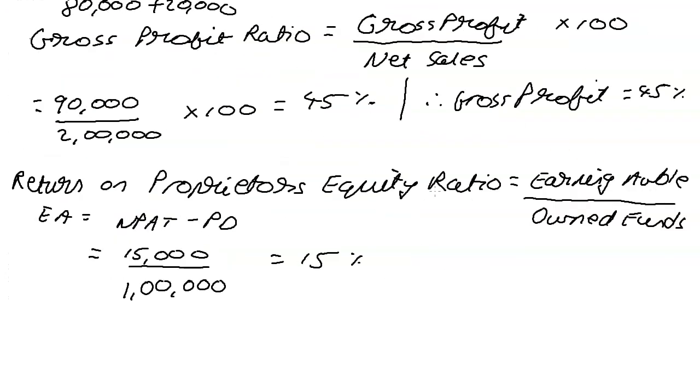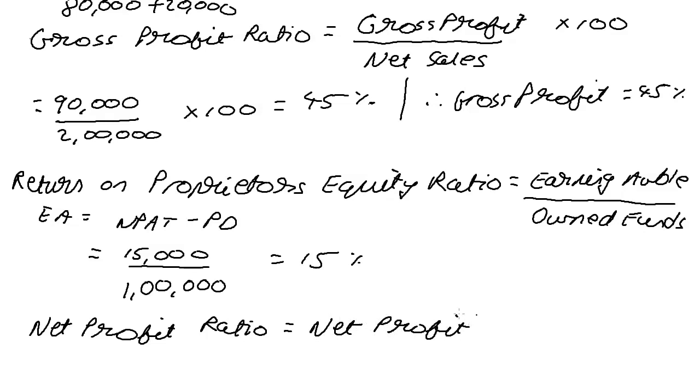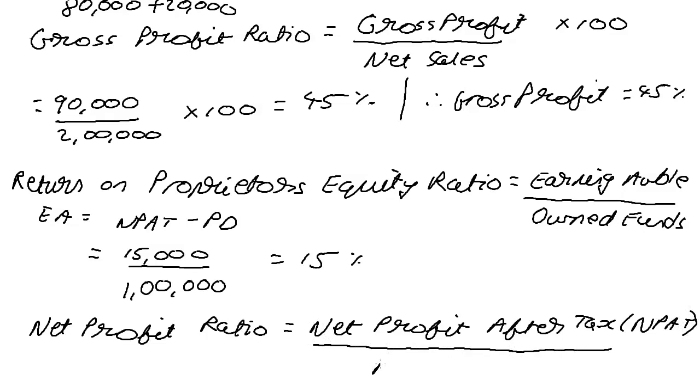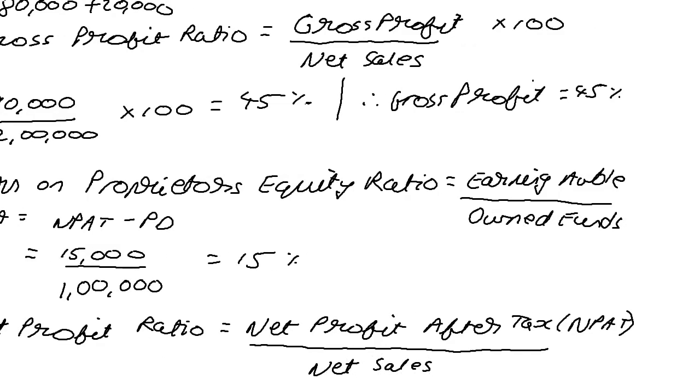So net profit ratio is equal to net profit after tax, or what we call NPAT, upon net sales into 100.